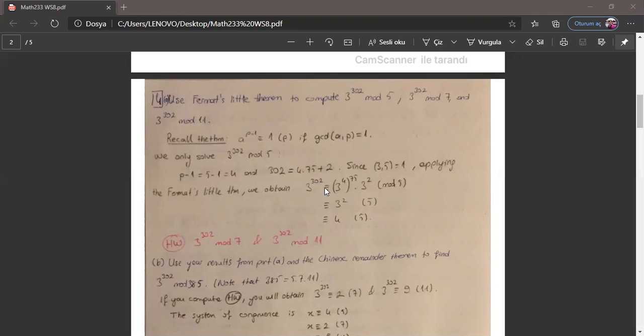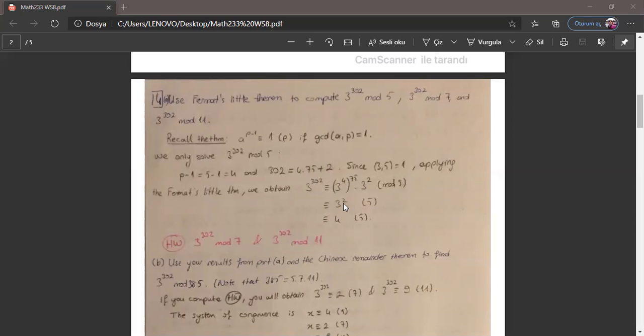And here we have 3 to the 302. So it can be written in this form again, as we had here, this equality. Now, this is congruent to 1 modulo 5.